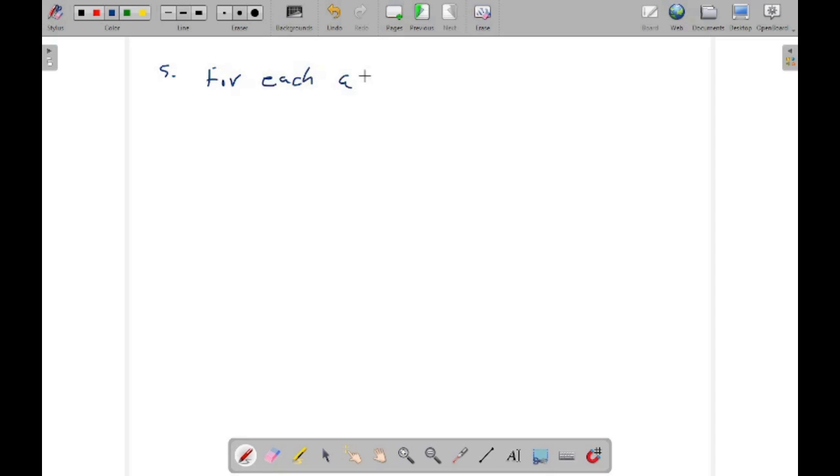In the next step, we will take each element from Z_n star. For each a belonging to Z_n star, a not equal to 1, no need to consider 1.